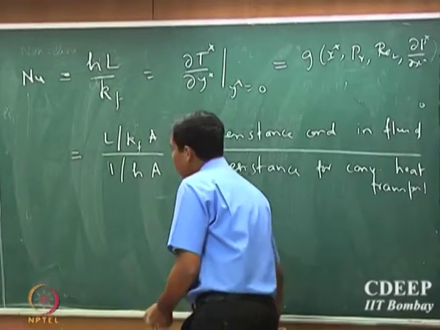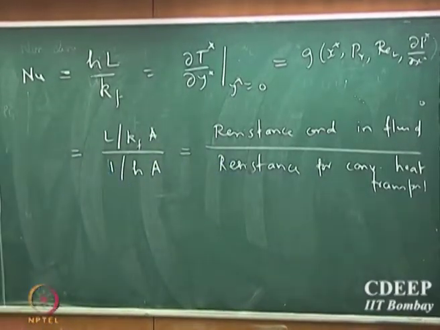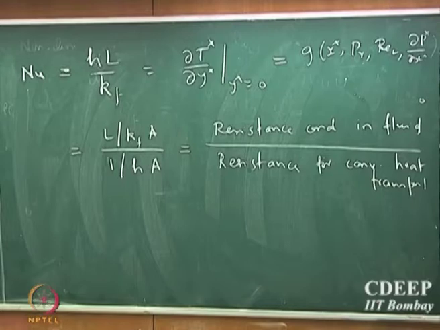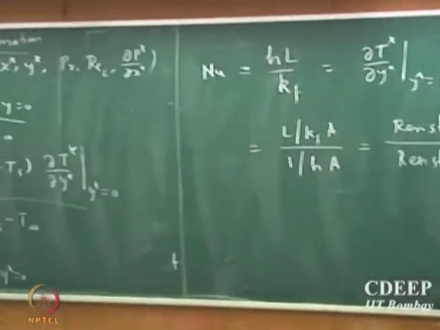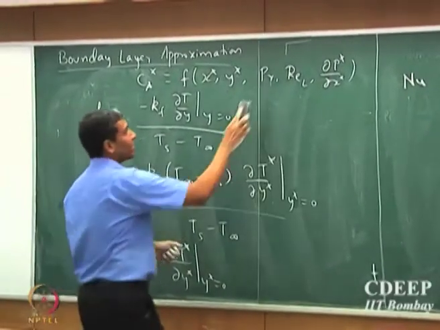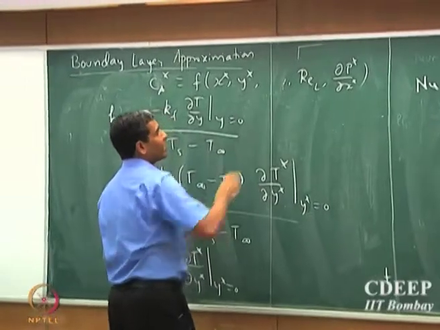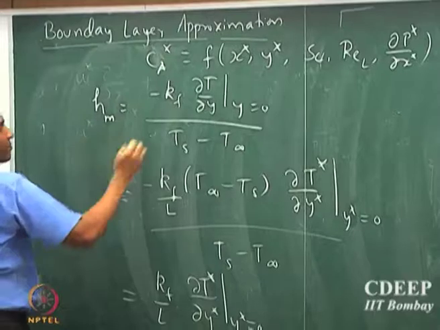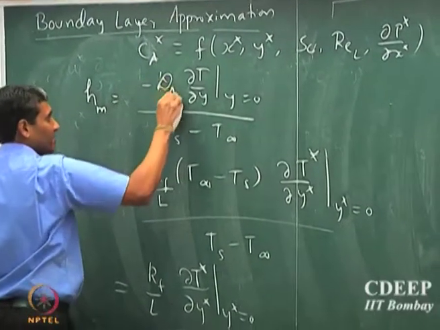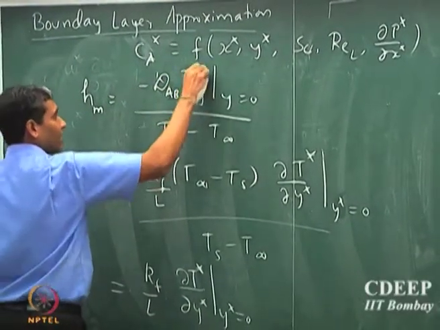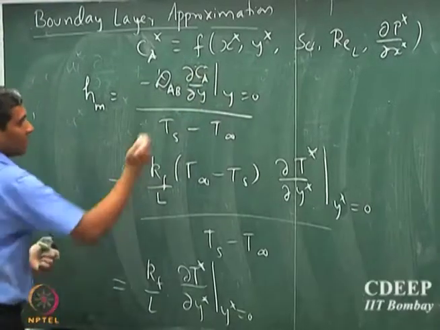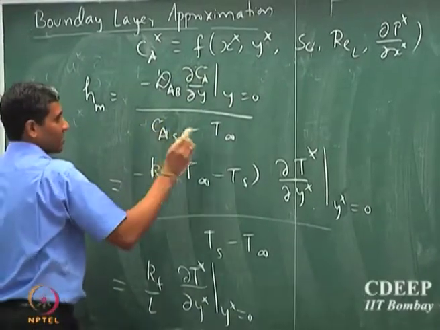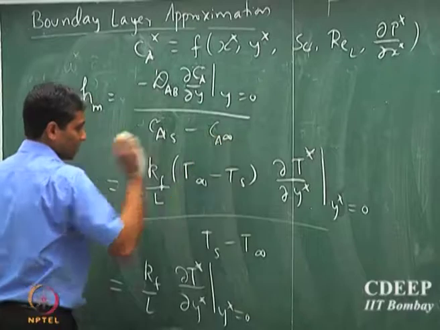So now one can actually do the same exercise for mass transport. So if I call this CA, okay, instead of Prandtl, I replace it by Schmidt number. Okay, that will be Hm, DAB, that will be CA, and CAs, CA infinity.